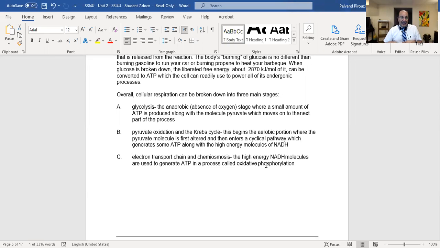However, we will have an adenosine that will be added to a phosphate. Then we will generate enough energy for adding a second phosphate to that AMP, or adenosine monophosphate, in order to have adenosine diphosphate. Then we have the addition of another phosphate. It will give us adenosine triphosphate.